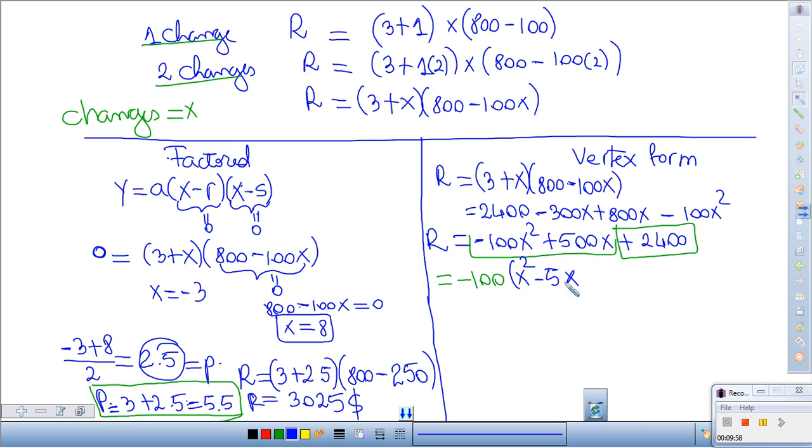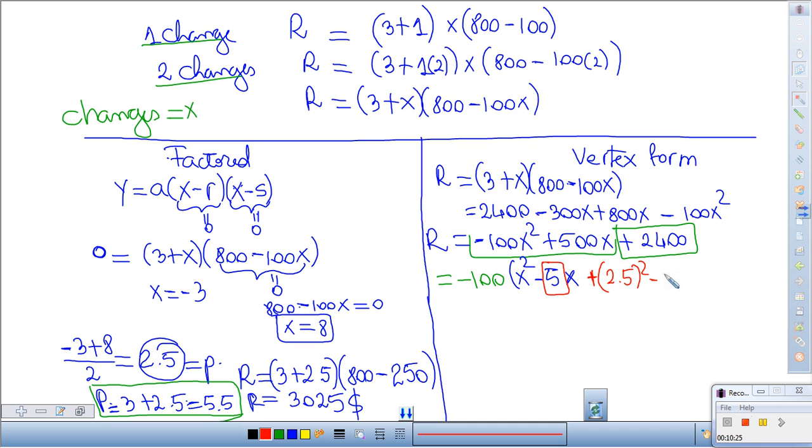Now, in order to complete the square, I need to add and subtract something inside the bracket. And we said that what we need to add and what we need to subtract is half of x's coefficient squared. So half of 5 squared. So plus, what is half of 5? It is 2.5 squared.